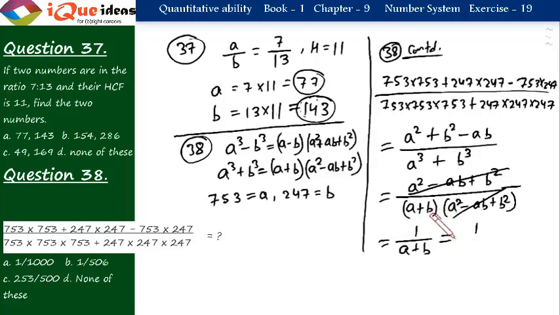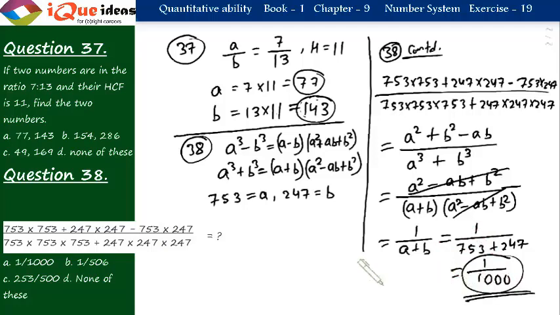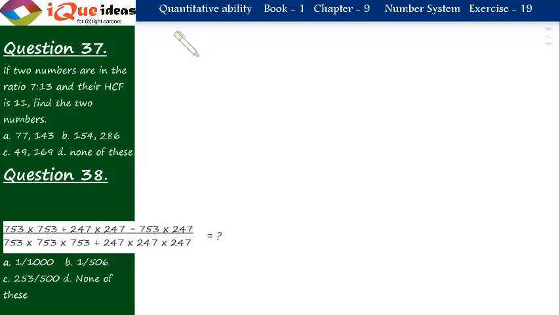Now put the values of A and B back, so you'll get 1 upon 753 plus 247. So the final answer of the question is 1 upon 1000. Okay, this is the answer of this question.